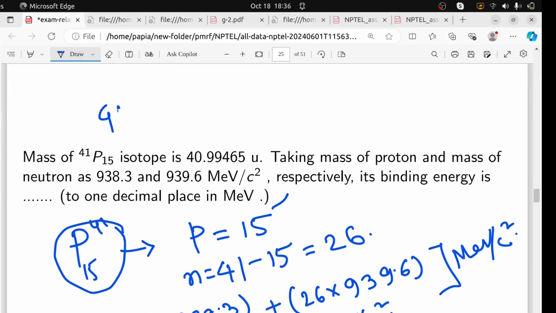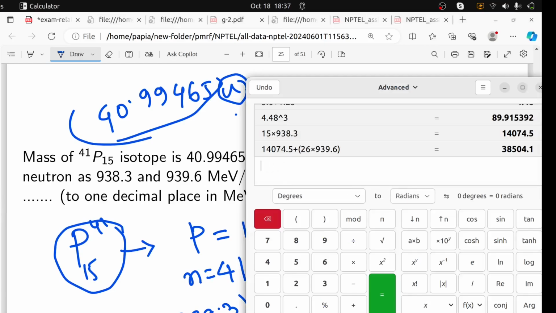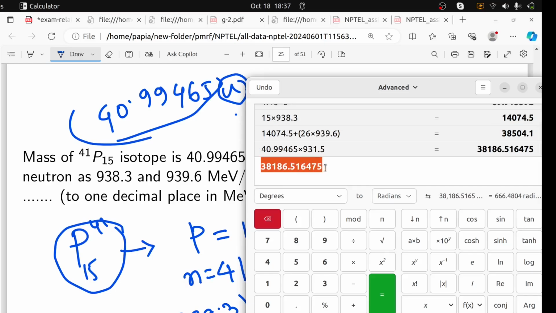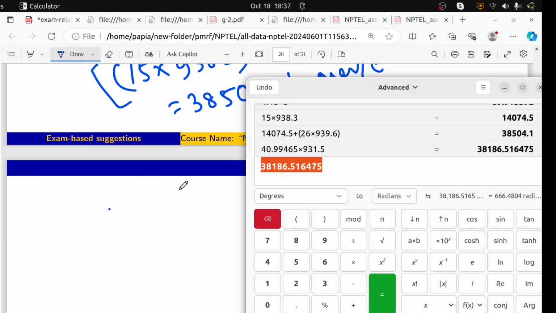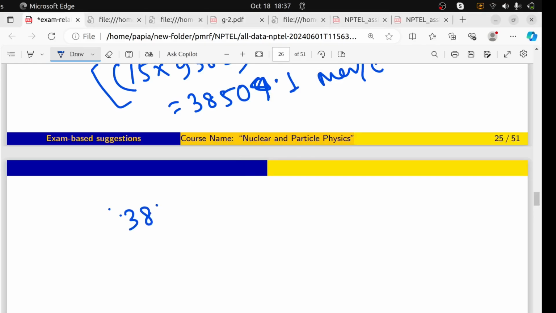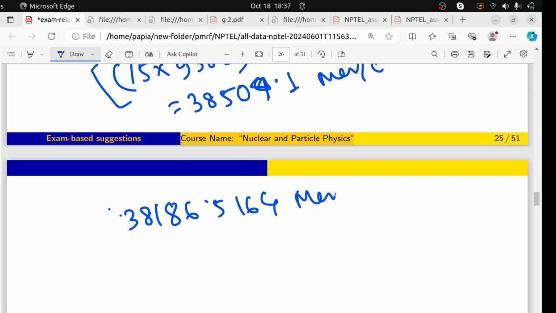Nucleus mass is 40.99465 U. Now just remember here, this is written in U unit. So we have to convert that U unit into MeV by C square, right? So 1 U is 931.5 MeV. So you can just multiply this whole with 931.5, 40.99465 into 931.5, which gives 38186.5164 MeV.